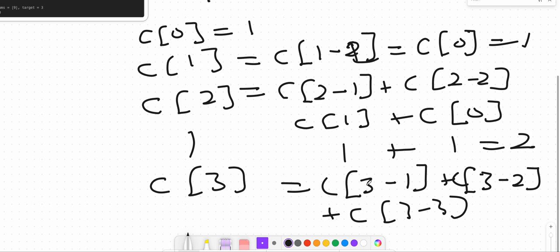We know C of 2 is 2, C of 1 is 1, and C of 0 is 1. So 2 plus 1 plus 1 will be equal to 4.